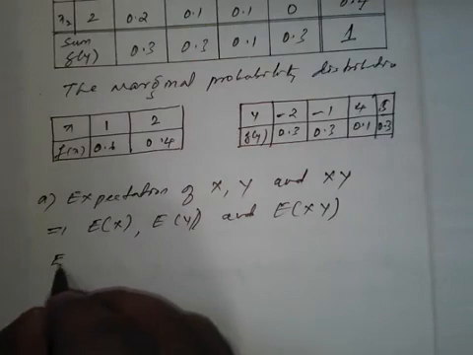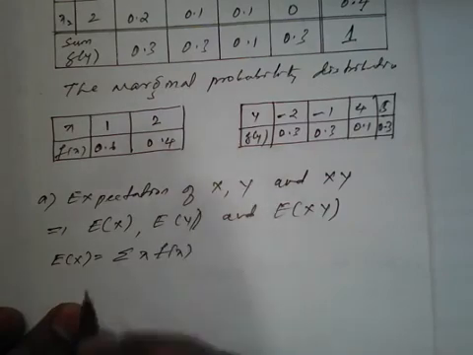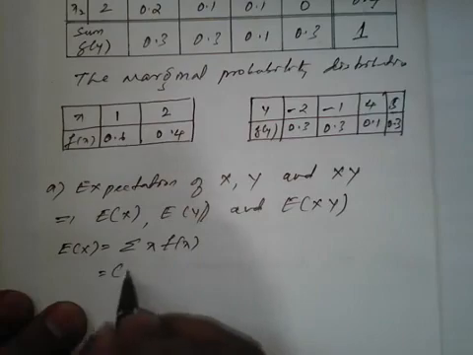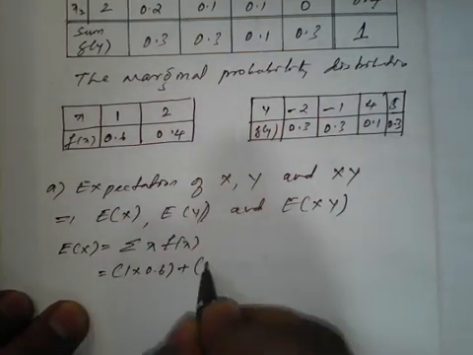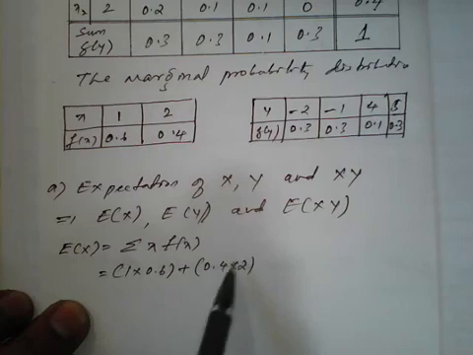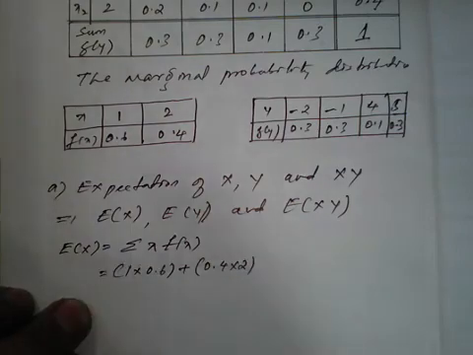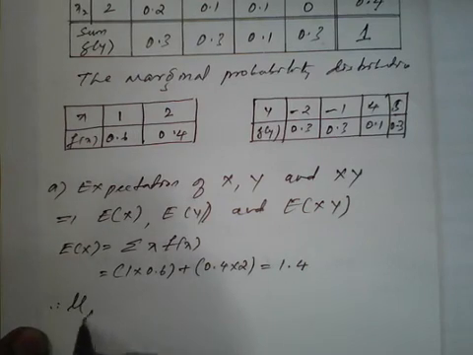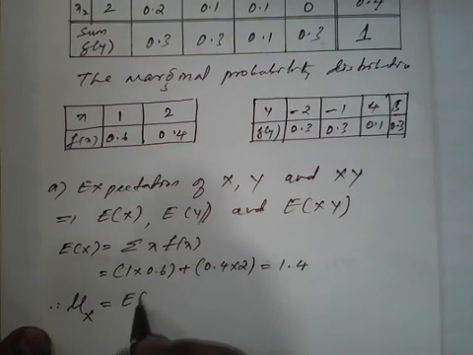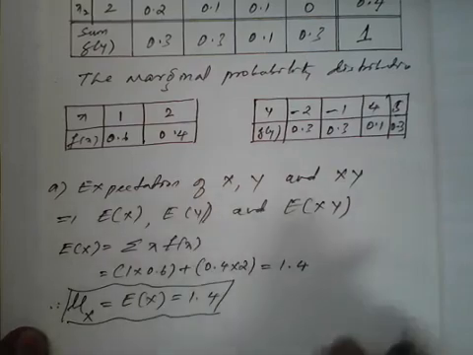Firstly, the expectation of x is the summation of x into f of x, that is 1 into 0.6 plus 2 into 0.4. If you simplify, you will get 1.4. So the expectation of x is 1.4, which is the value of mu x also. Mu x is equal to the expectation of x, which is equal to 1.4. So we got one result.